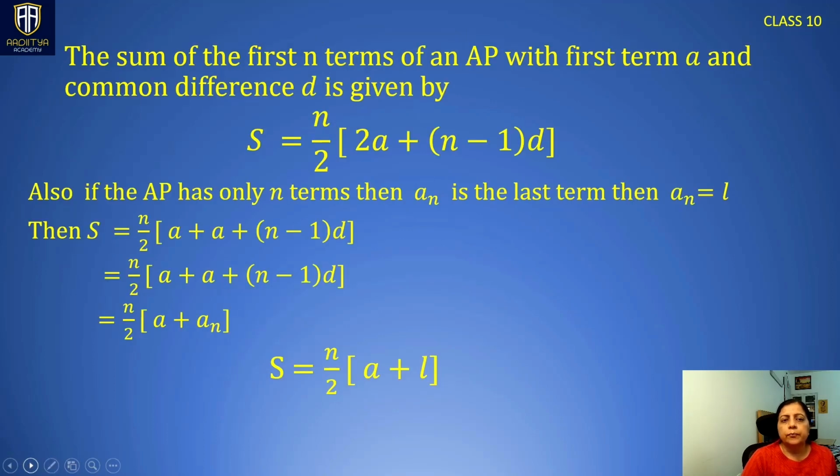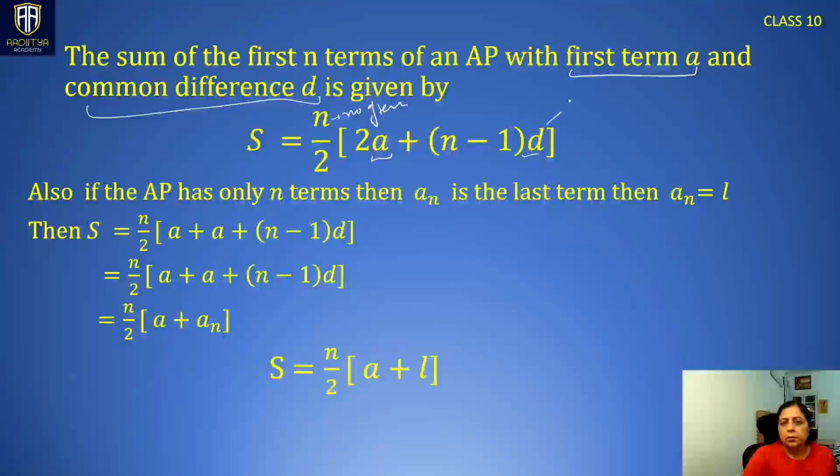Next, after dealing with the nth term, the general term, we have another topic in this chapter, which is the sum of n terms of an AP. Now we know that if we have an arithmetic progression with the first term a and the common difference d, the sum of the terms of the sequence is given by n by 2 times 2a plus n minus 1 d. n is the number of terms, a is the first term and d is the common difference.